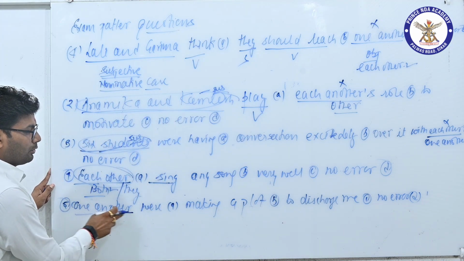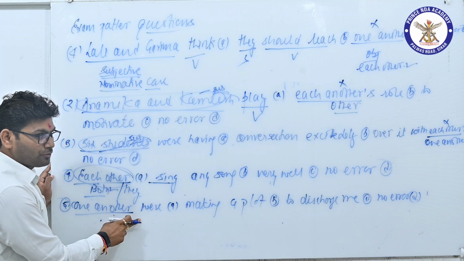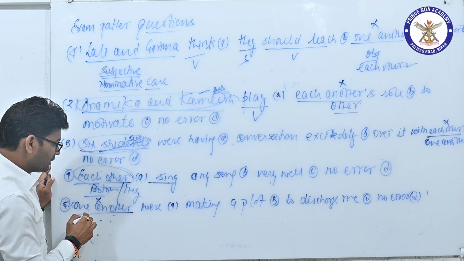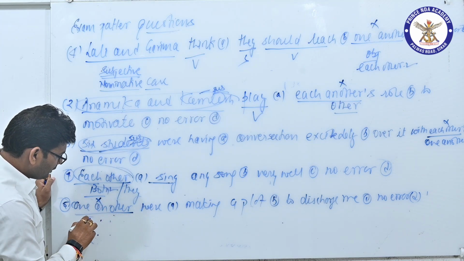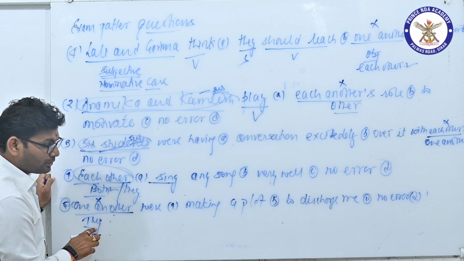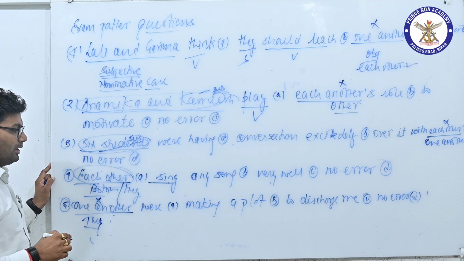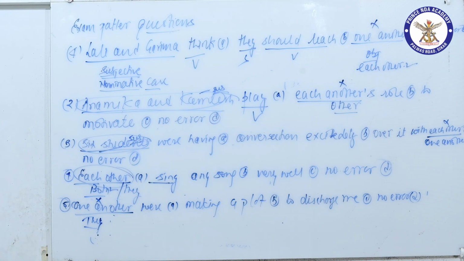The subject is one another, were. One another is used for more than 2, so remove it and use they. They were making a plot to discharge me.